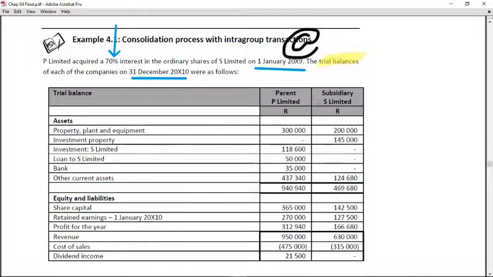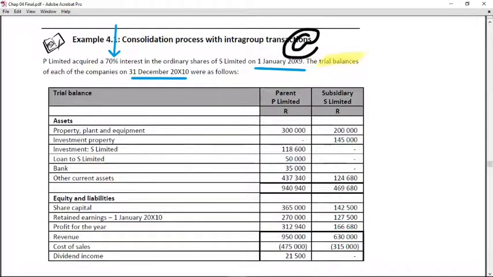The trial balances of each of the companies now represent your starting point, the separate financial statements of the parent and the subsidiary. It's not given to you in financial statement format. It's still the trial balances, but it represents the separate financial statement amounts of the parent and the subsidiary.